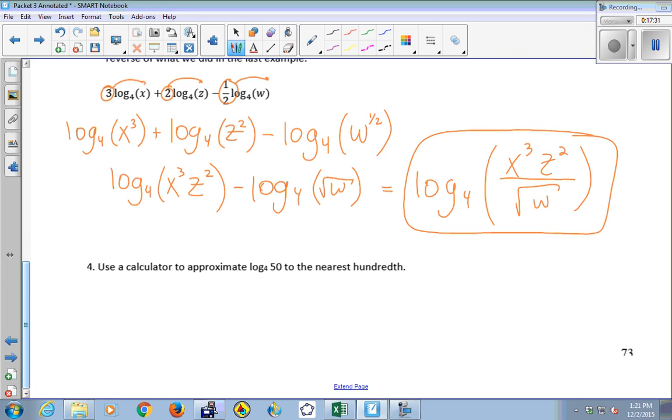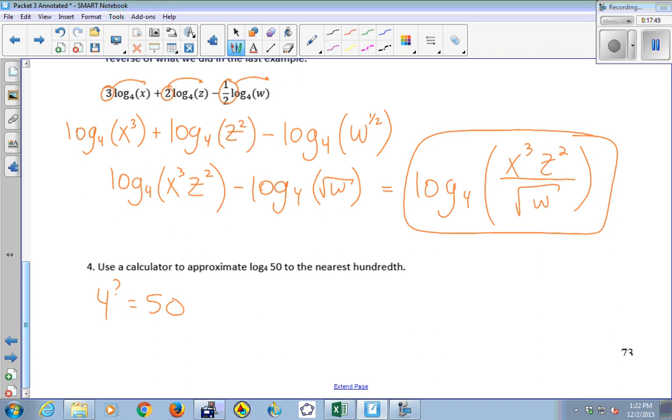Okay. The last property is super helpful because it allows you to evaluate things like log base 4 of 50 really accurately. So log base 4 of 50 is asking you to answer the question 4 to what power gives you 50?